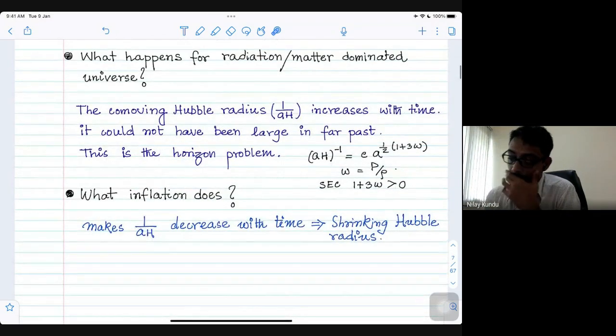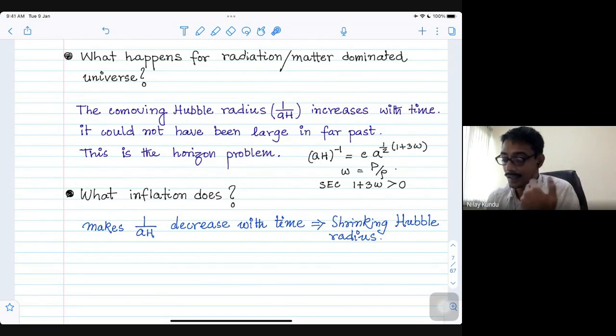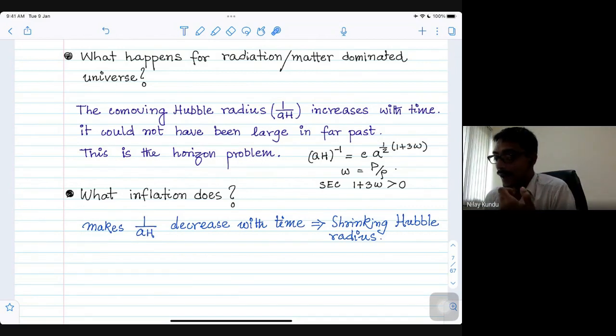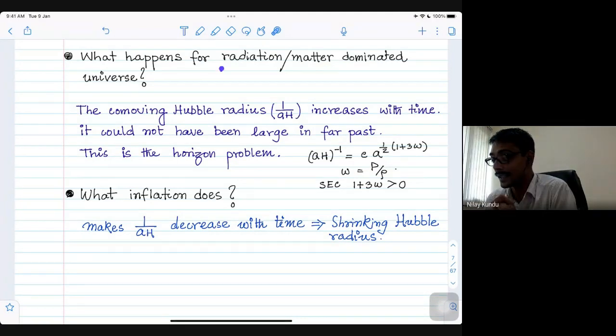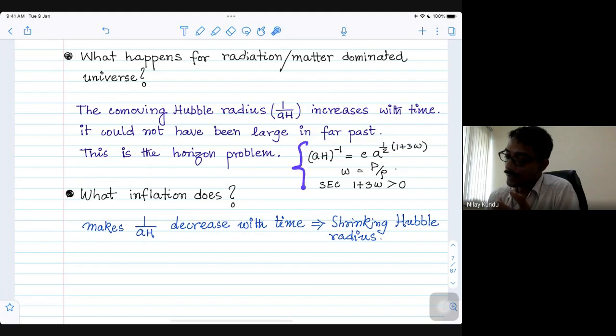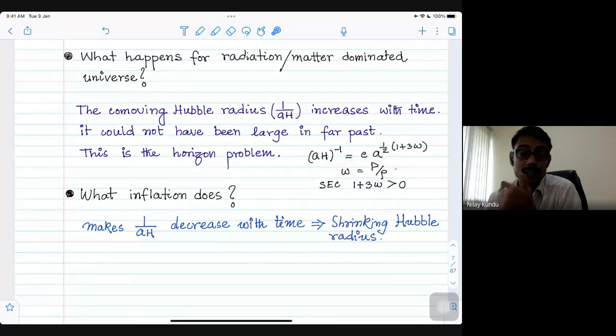So if we want that this 1 over AH should be very large in the past, then the standard matter that we know in our standard model of particle physics, which is radiation or matter, for them you can show very easily that this 1 over AH is related to some power of the scale factor, given by 1 over 3 omega, where omega is pressure over energy density.